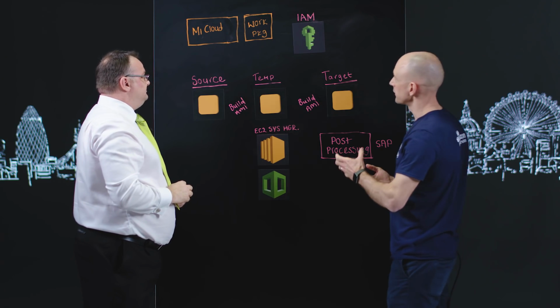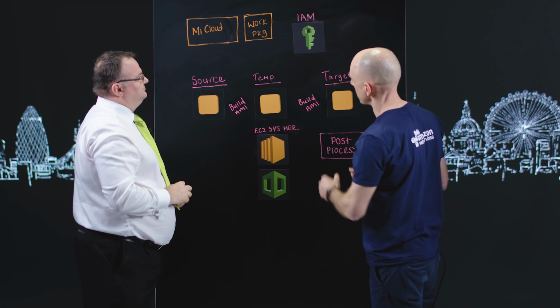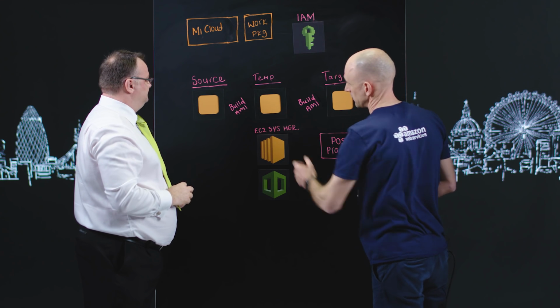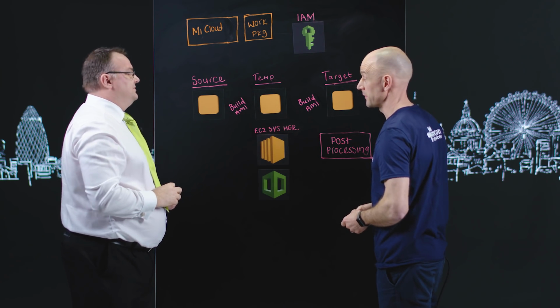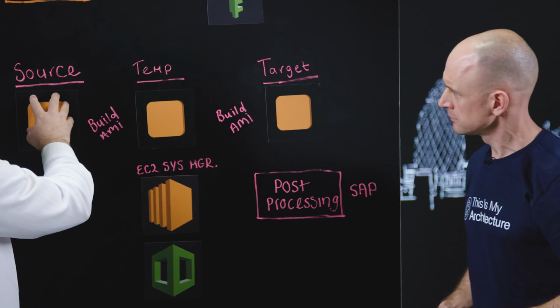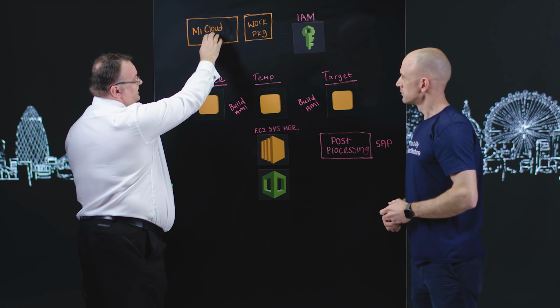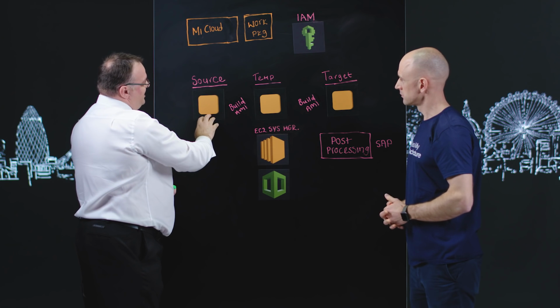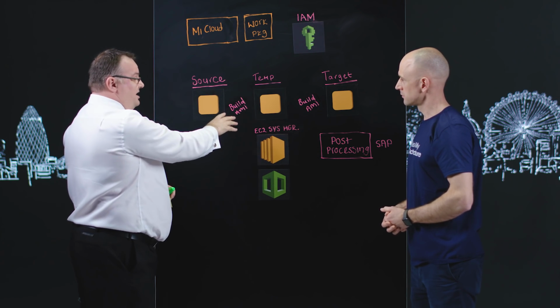So once you've leveraged that IAM user, that will then hit the customer's source environment, will it? Yeah. So what happens next? Sure. You've got your source system, which has been selected from the MiCloud environment, and from that point we will execute an AMI build.